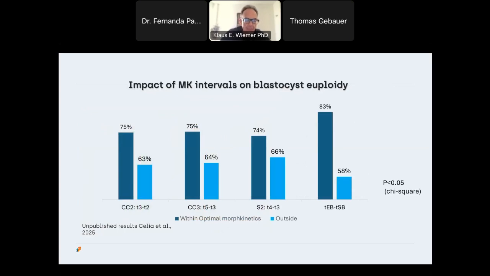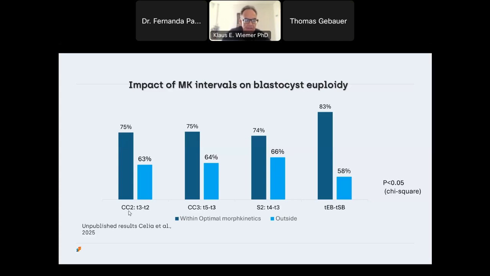And so if you then look at morphokinetic intervals and blastocyst ploidy, this is from Jerry Cilia, many of you know. This is looking at different time parameters, with optimal morphokinetics and ploidy. And again, we're finding that there are associations between ploidy and these various morphokinetic events.